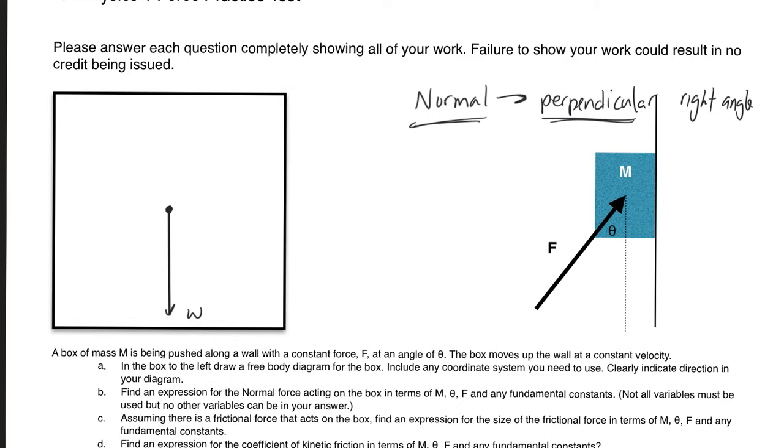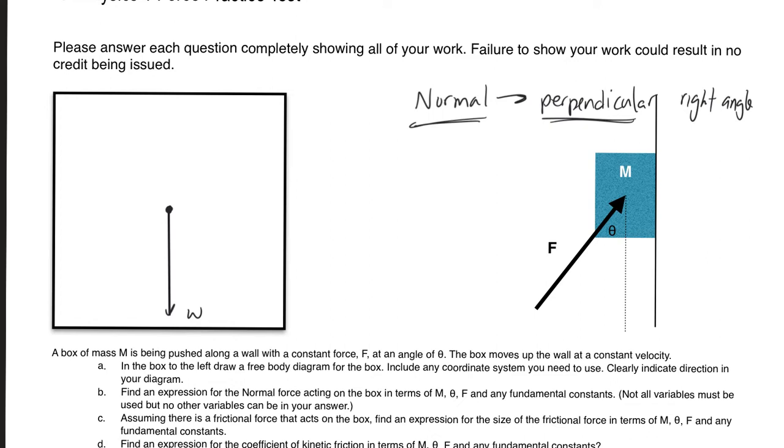So I tend to come at it now, thinking, okay, if this situation were where I'm taking this box and trying to hold it against the wall, there's a part of me who's pushing. I'm the F, right? I'm the force that's pushing against the wall. The wall's trying to keep the box from going through the wall, right?